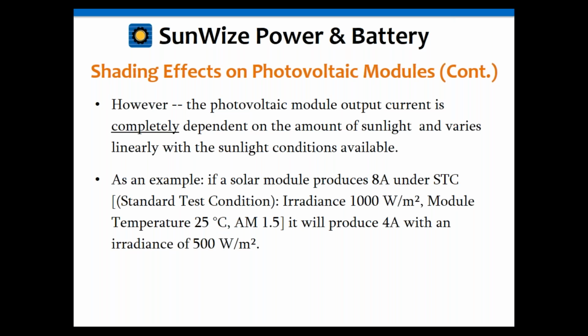That means the solar array is only going to produce 4 amps. And again, that's very linear. The amount of sunlight that directly hits that solar module and array is exactly how much you're going to get out of it. The voltage remains fairly consistent unless you start looking at temperature effects, and we've got a whole other tech note on that.